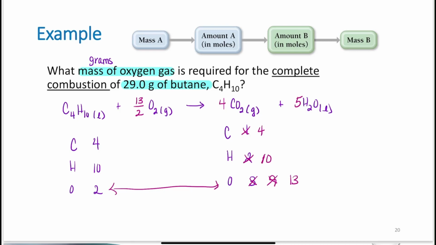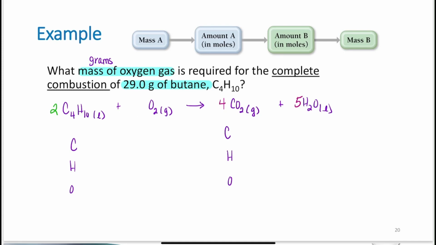Then I'm going to erase this because I want to check the answer to make sure. Sometimes combustion reactions can get messy. I'm going to multiply through the entire reaction by 2. So 2 C4H10 will give me 13 O2, 8 CO2, and 10 H2O.